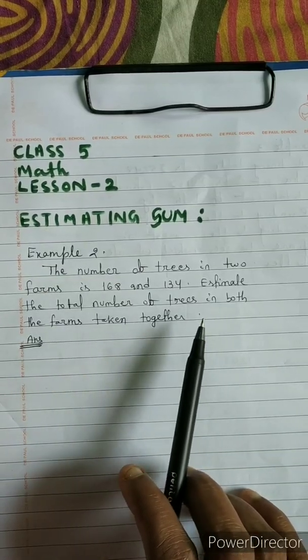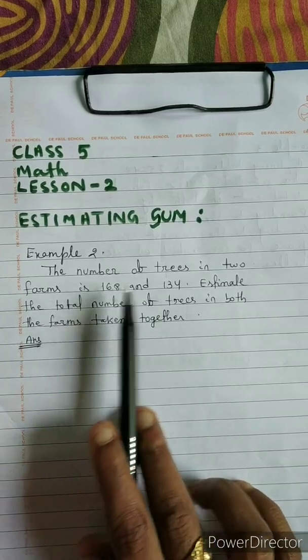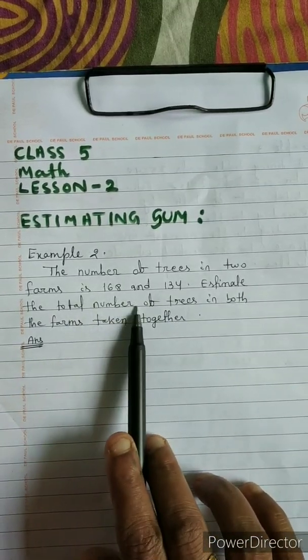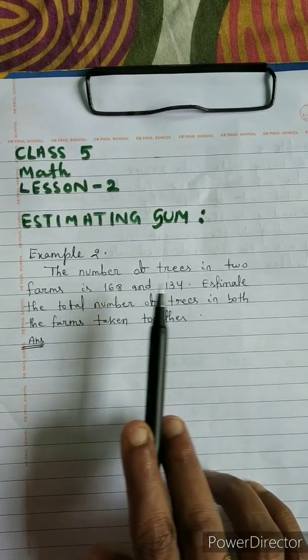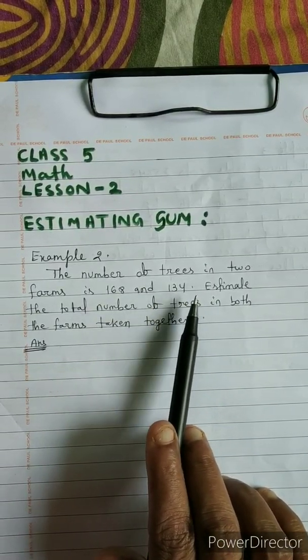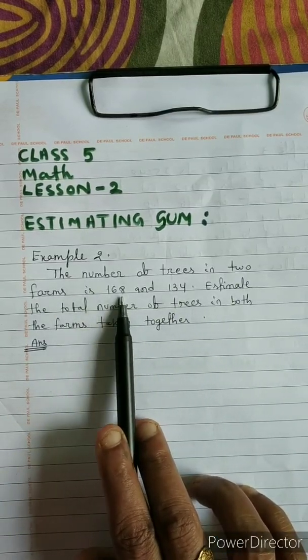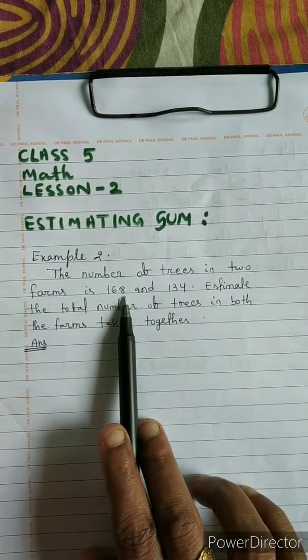If it is given in your question, that is different; we will do according to the question. But if it is not given, children, see, this is 3-digit, this is also 3-digit. It is not given anywhere to round off to the nearest 10, 100 or 1000. So we will round off to the nearest 100 only.